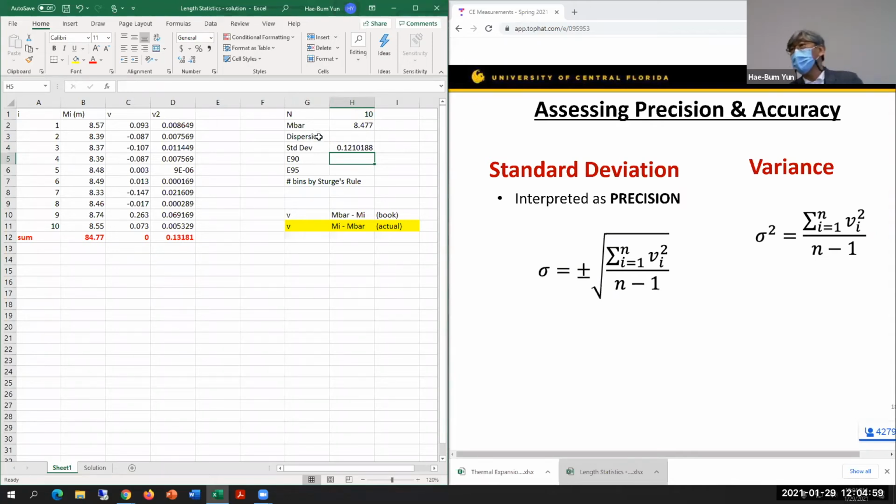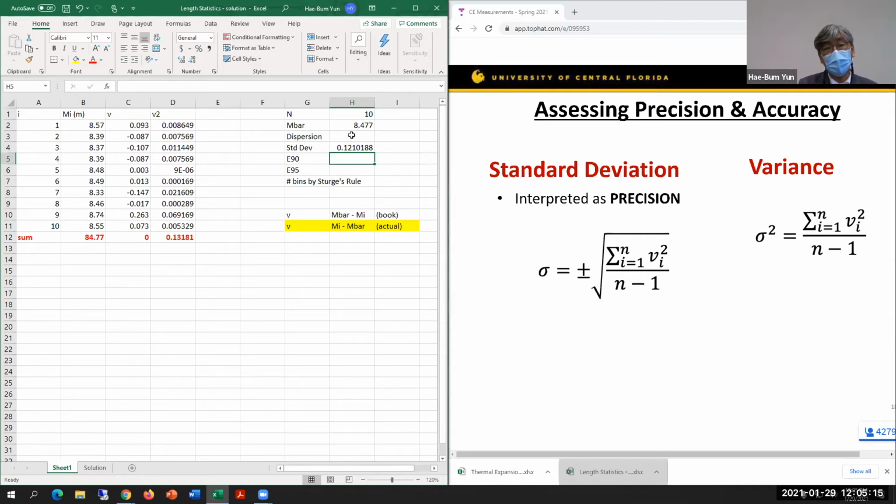What is the definition of dispersion? Yes, the difference between the highest value and the lowest value, right? That's correct.